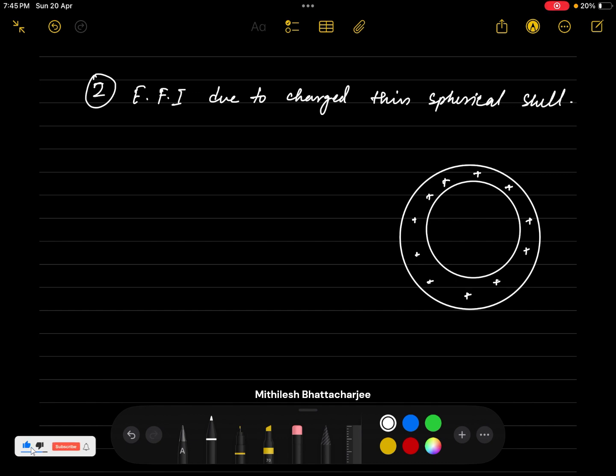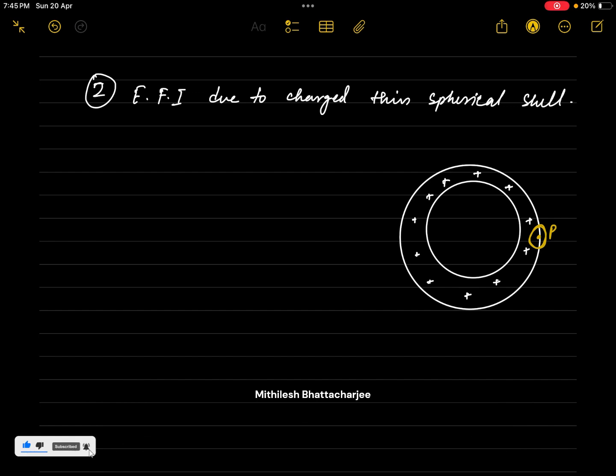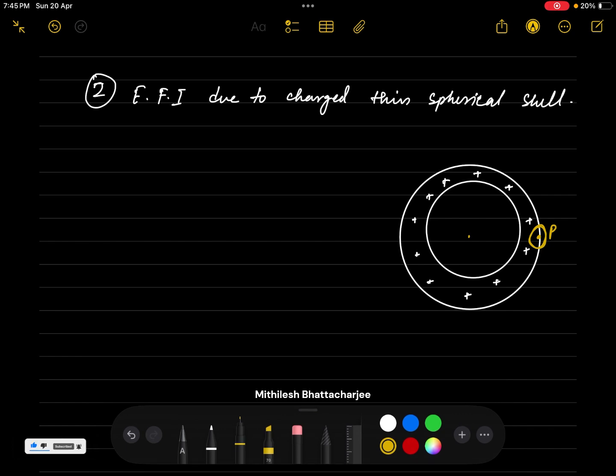Fine. So let us consider a point P, and the direction of the electric field is this way, and the direction of ds is also in this way. This is the center and the radius is r.